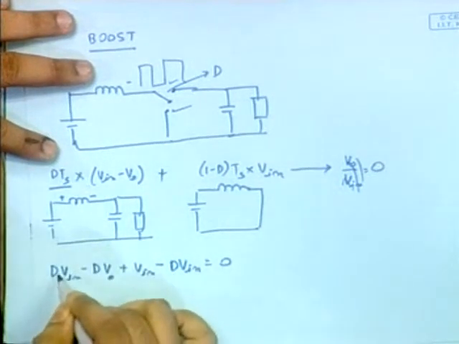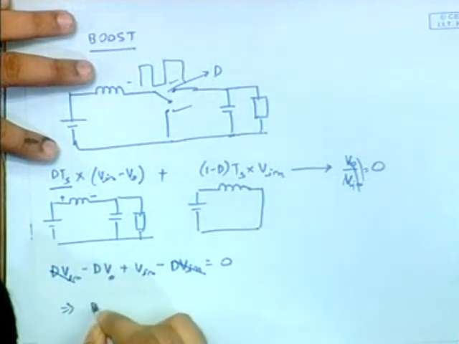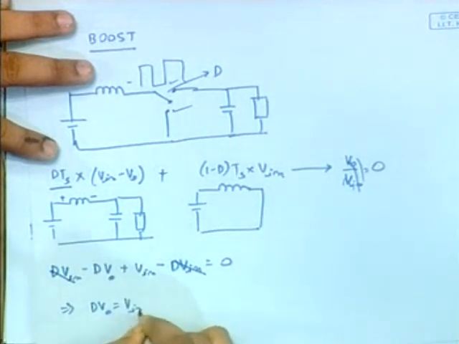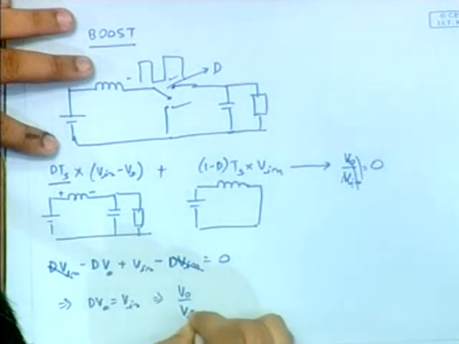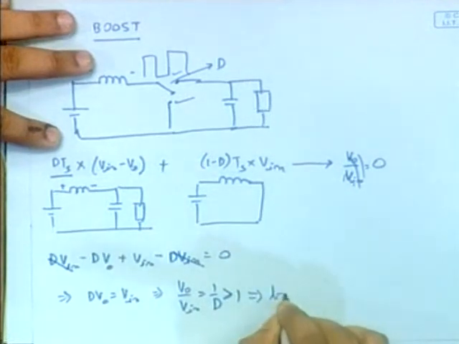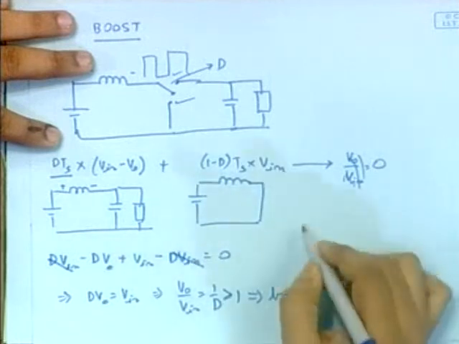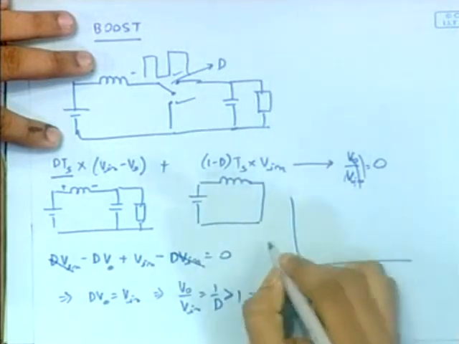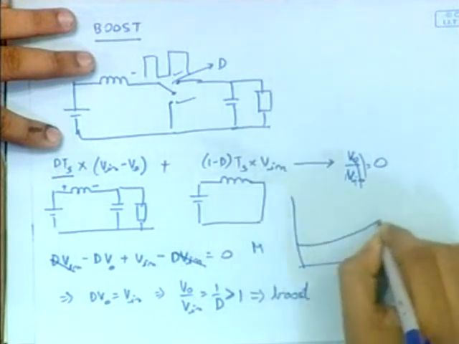So you will cut this out. So what happens? D V out equal to V in. So this is an inverse expression. Hence, V out by V in is 1 by D, which is greater than 1. Hence, this is a boost. Right, so magnification, as you saw in that M curve in the previous lecture, it's this thing.